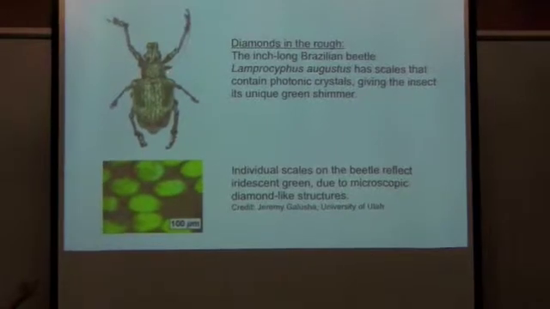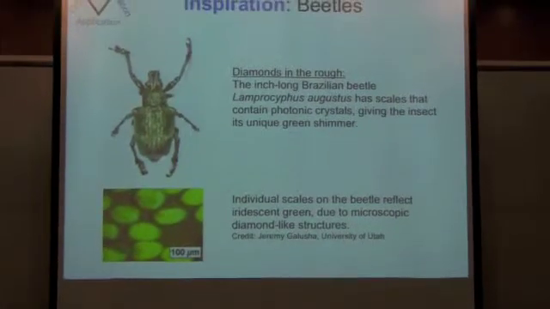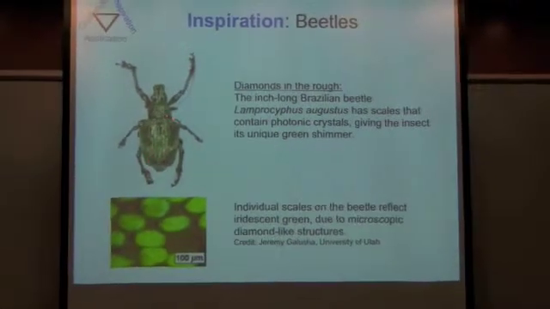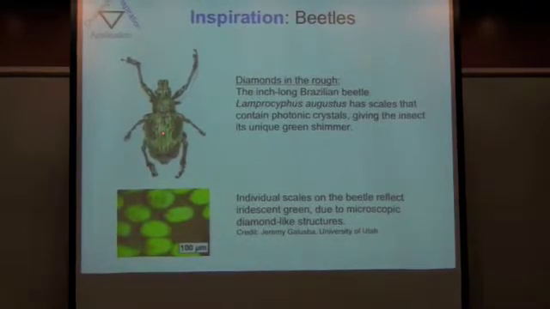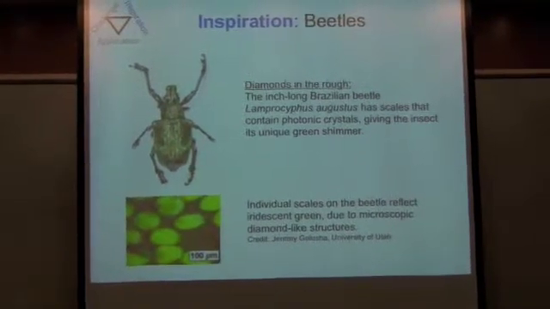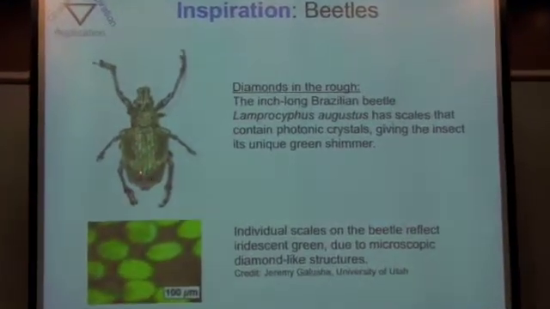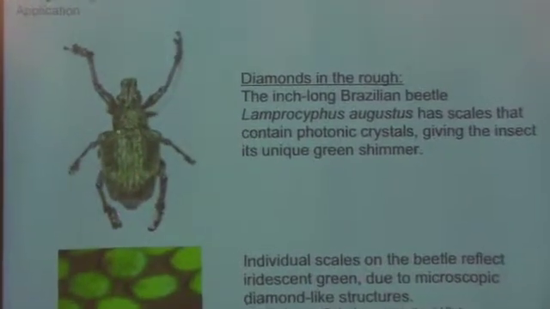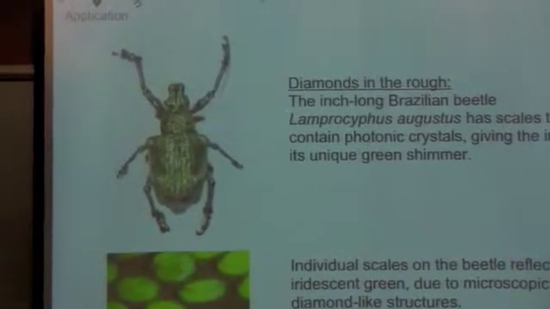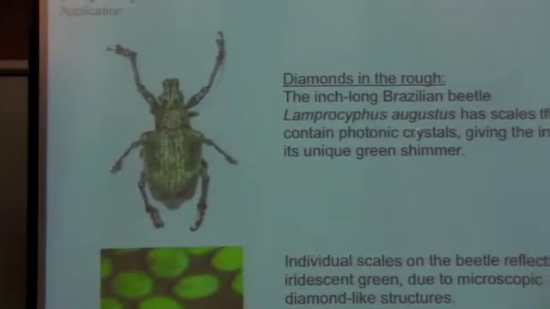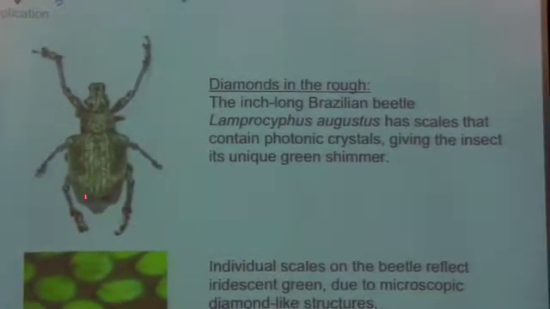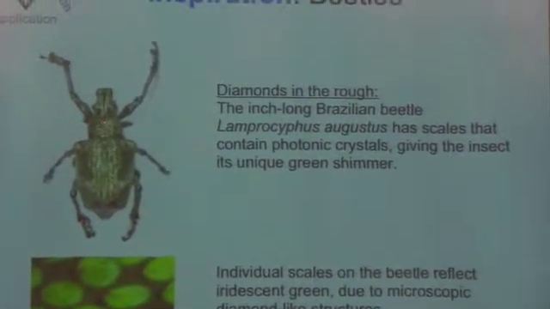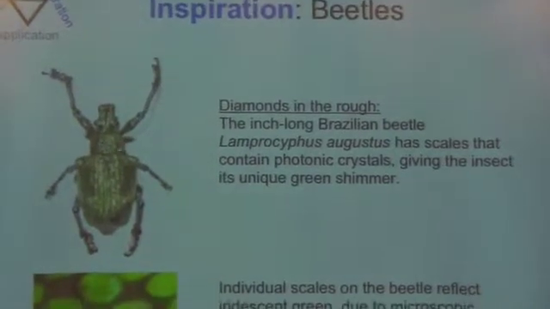Okay, another one are these beetles. They're this Brazilian beetle, also called diamond weevil, for obvious reasons. Very shimmery. It has a unique green color, and it has that because it contains these photonic crystals on its body itself, not even on the legs.